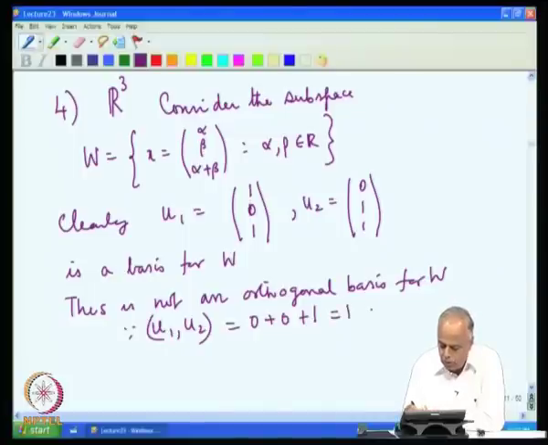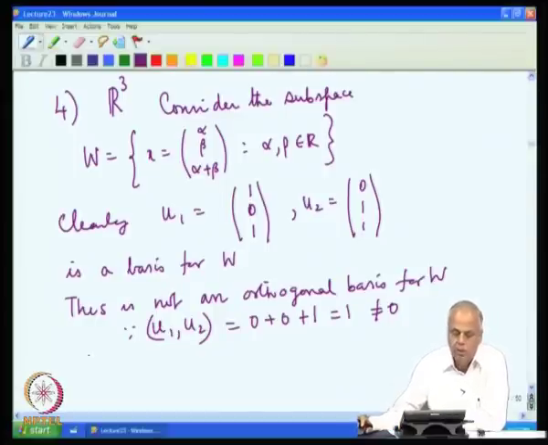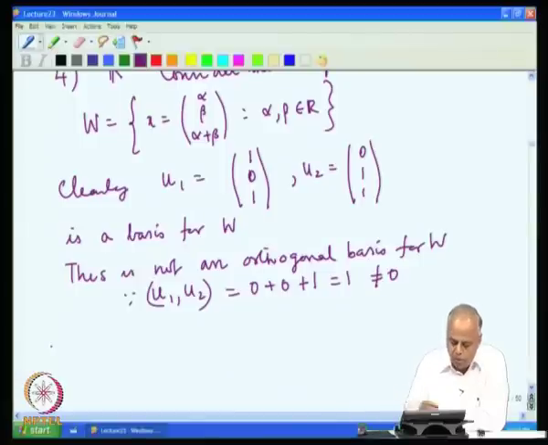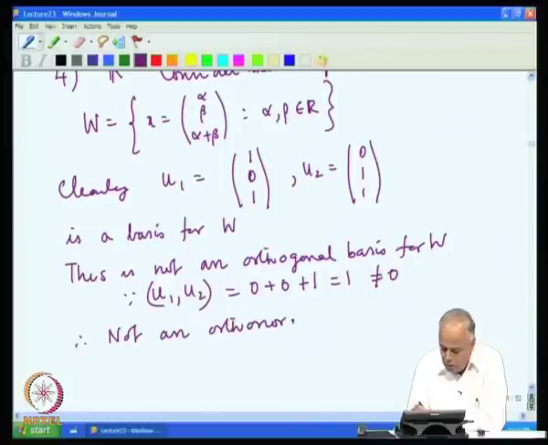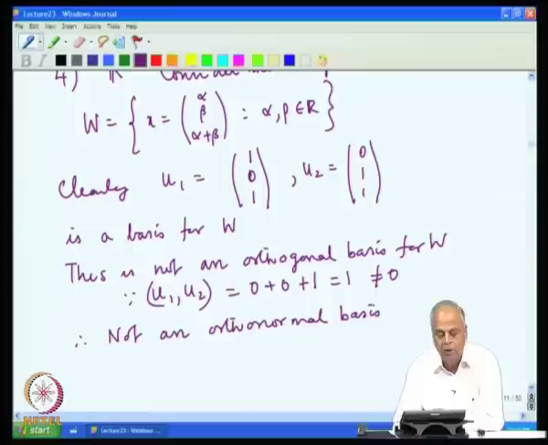So, the inner product of u 1 and u 2 is 1, not equal to 0, and therefore, the vectors are not orthogonal, and therefore, it is not an orthogonal basis, and not even an orthonormal basis. It is not even normal. So, it has neither the orthogonality property nor the normality property.